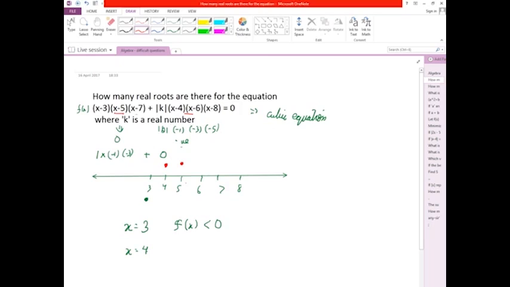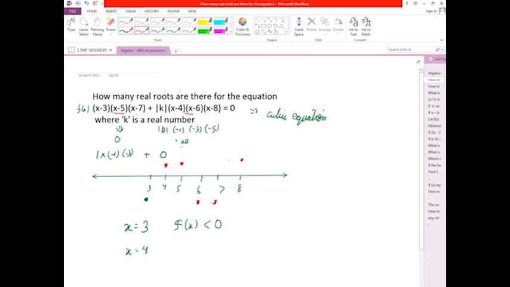And you can continue to check: at x equal to 6, it turns negative because the first part is negative and the second part is 0. At x is equal to 7, it remains negative. The first part is 0, and the second part becomes 3 into 1 into minus 1, which is minus 3 mod k. So it is negative. And at x is equal to 8, it is again positive.